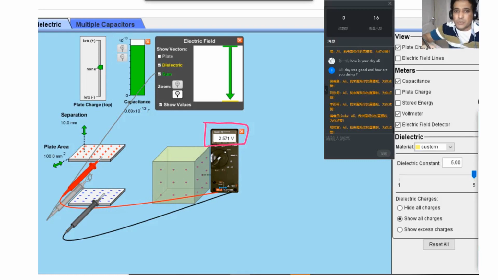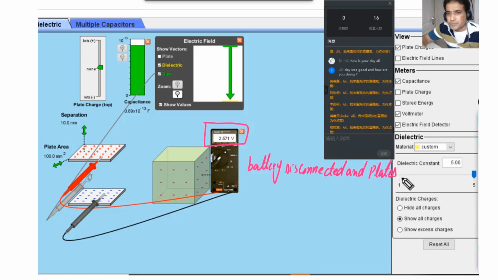Okay, so let's try to understand what is happening in this case. What we did: we disconnected the battery. So we will say battery disconnected, and plates are pulled apart.